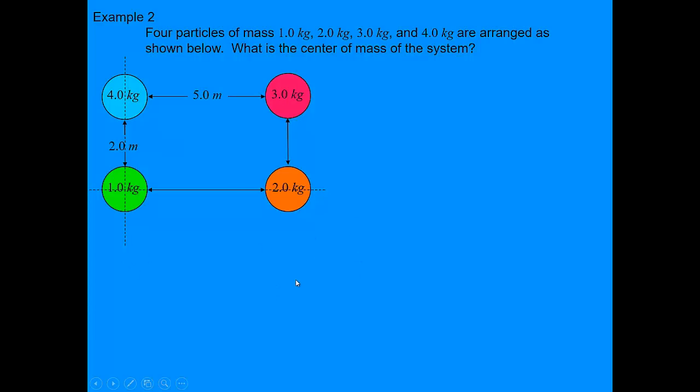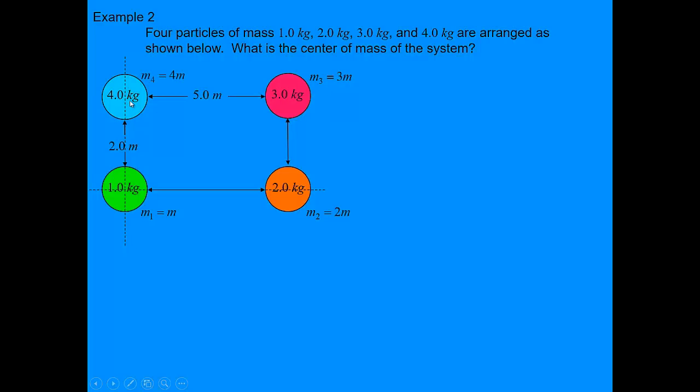Now, I'm also going to do something a little tricky, but this comes in handy on multiple choice problems, and in this class, because you have to be able to work symbolically. Note that the masses are integer multiples of one another. So if I call the 1 kilogram object m, then I can call the 2 kilogram object 2m, the 3 kilogram object 3m, and the 4 kilogram object 4m.